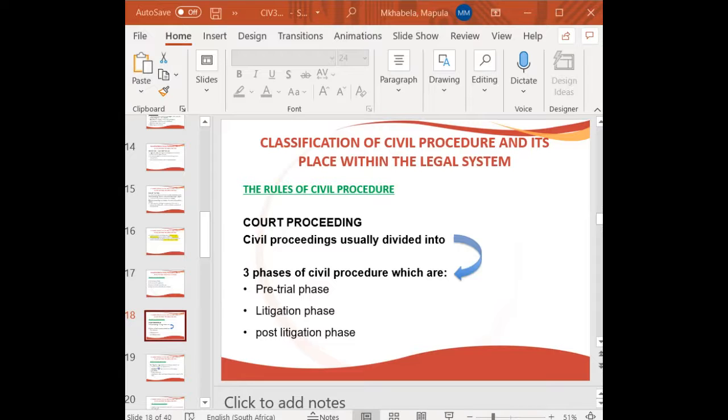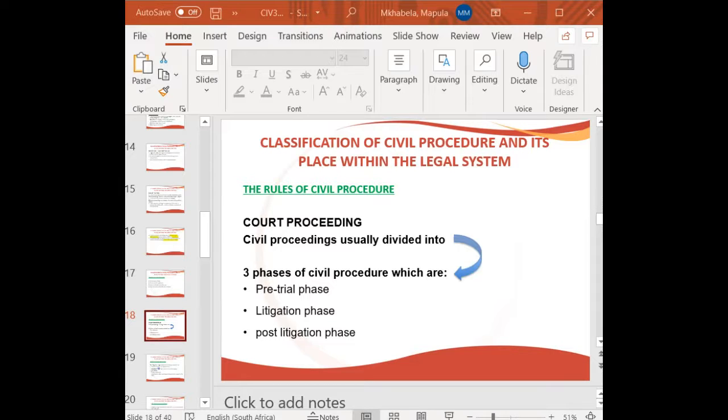Why is my client suing? And are the elements of a breach of contract present, for example? This takes us back to the substance of law of defining the content of rights and obligations between legal subjects.